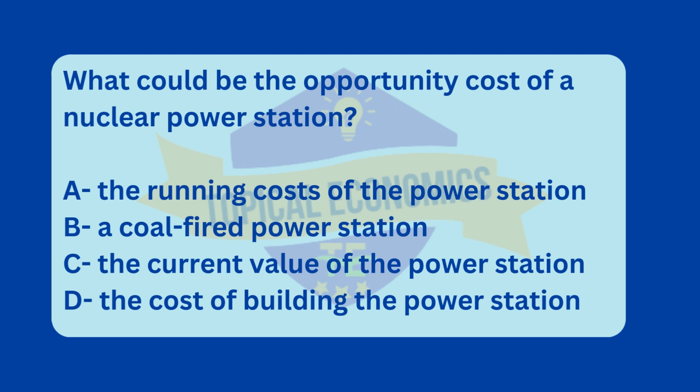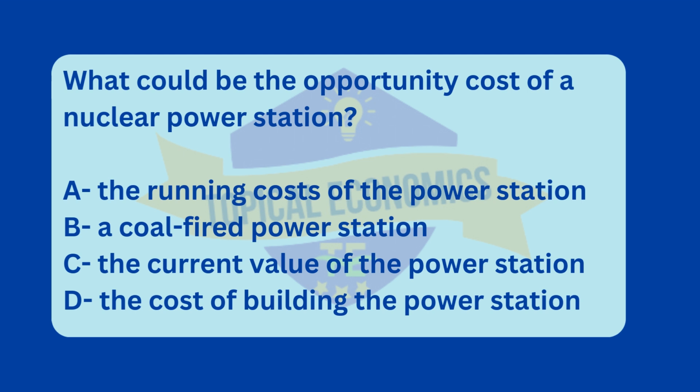One potential alternative to a nuclear power station is building a coal-fired power station. By choosing to build a nuclear plant, they forego the benefits that could have come from building and operating a coal-fired power station. The opportunity cost is what is given up, and in this case, it's the coal-fired power station.